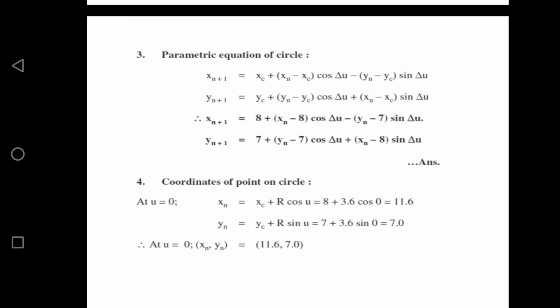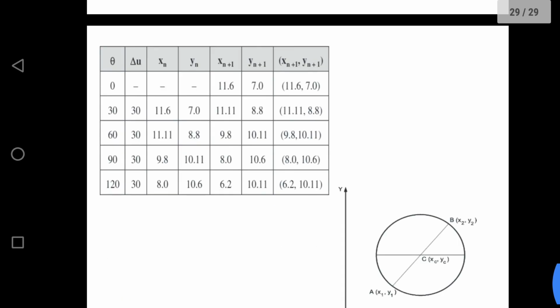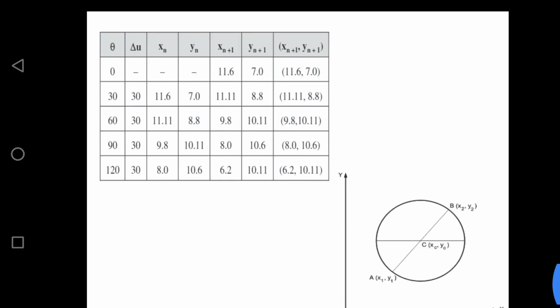So this initial position has the values xn and yn equal to 11.6 and 7, and we take the same values as xn plus 1 and yn plus 1.